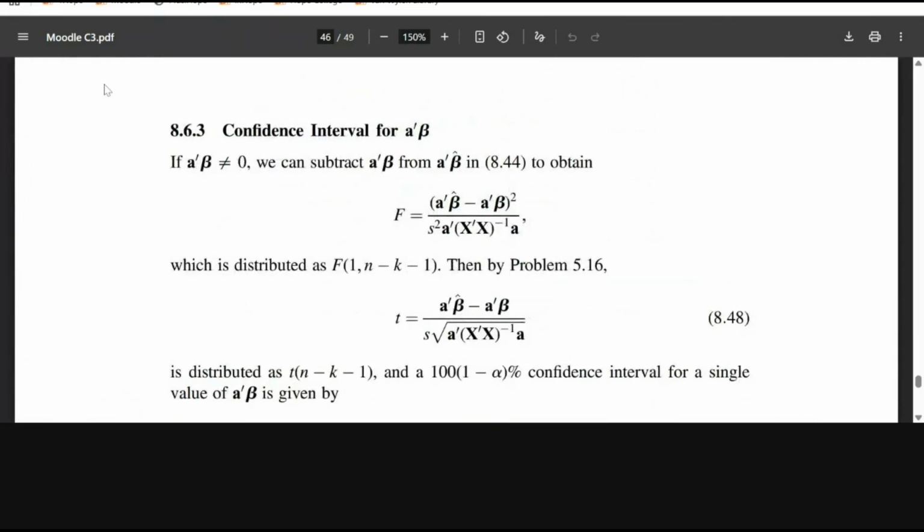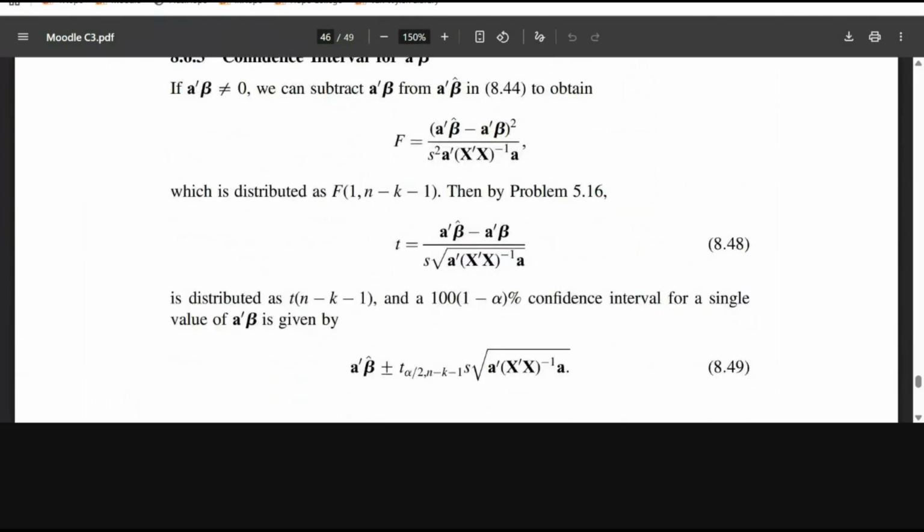First of all, it can be shown that this monstrosity has an F distribution. I don't know why this book likes the F distribution so much. I prefer the T, but you know that if your degree of freedom has a 1 in the numerator, then T squared is F. Therefore, the square root of this thing has a corresponding T distribution.